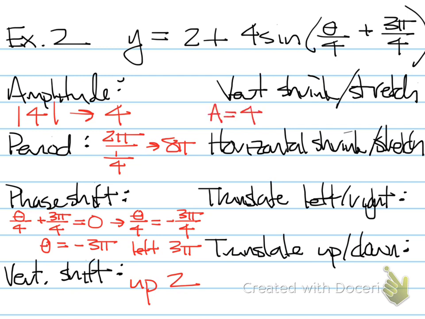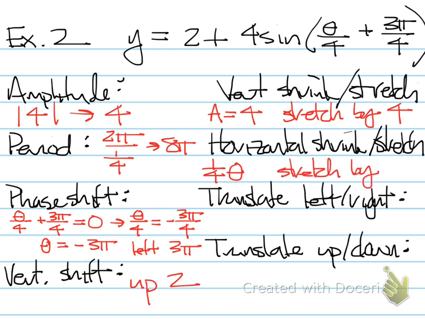For the vertical shrink or stretch, it's going to be the amplitude that tells us what's happening there. Since the amplitude is 4, there's going to be a stretch by a factor of 4. As far as the horizontal shrink or stretch, again, we want to take that number in front of our variable, so 1/4 theta.